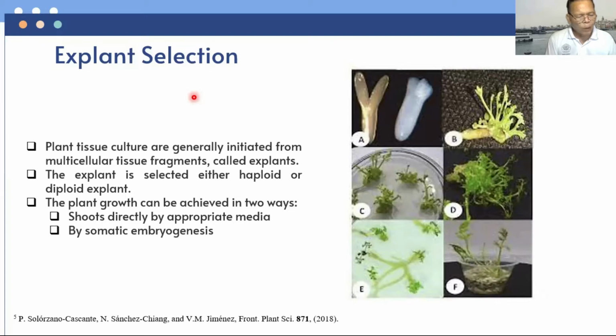The term explant can be applied to a sample obtained from any part of the organism. Plant growth can be achieved in two ways: shoot directly by appropriate media and by somatic embryogenesis.